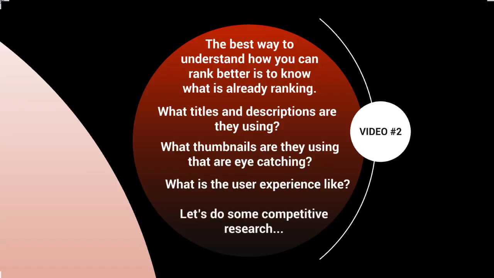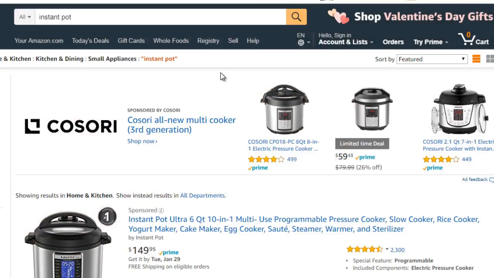Let's go ahead and do some competitive research. To make sure that we find YouTube videos that actually relate to promoting a product, what I want to do now is pick a product out of the blue and take a look at YouTube.